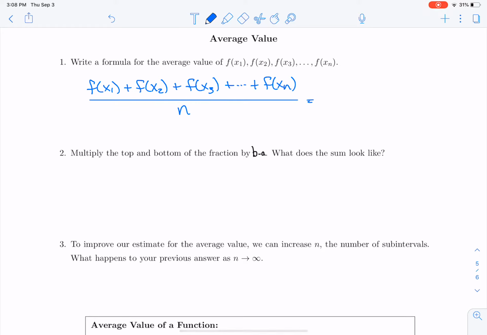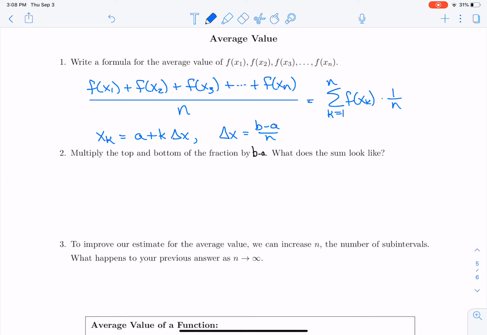We could write this as the sum from k equals 1 to n of f of xk times 1 over n. And here, I'm going to think about these points as being regularly spaced. So I'm going to think about x sub k as being a plus k delta x, and then delta x would be the length of my interval, b minus a over n, so that each of these points is regularly spaced.